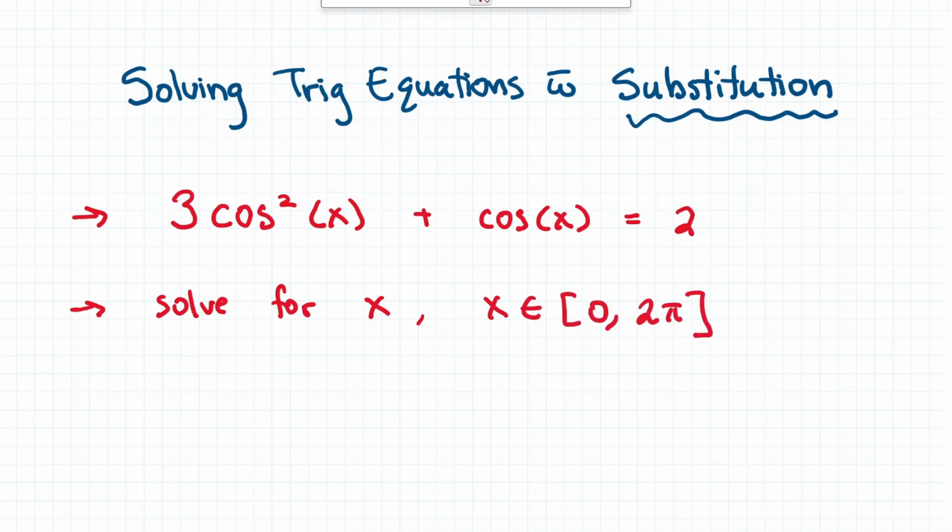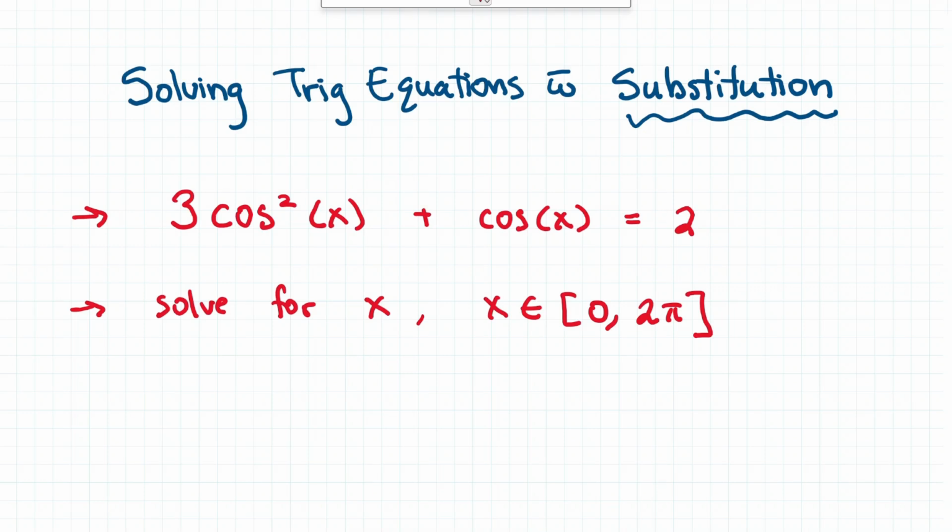We always have to make sure that we're stating our domain because trigonometric functions are periodic, so they will keep repeating an infinite amount of times. To avoid writing an infinite amount of solutions, it's good to define our domain in which we want to find our answer.